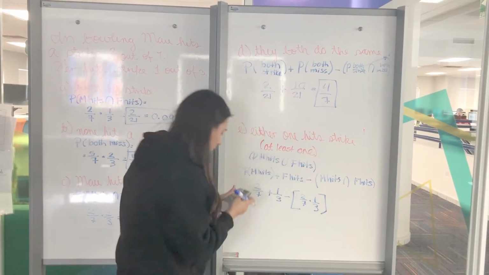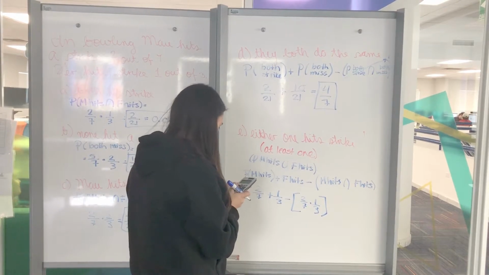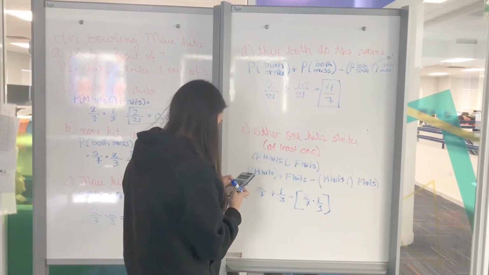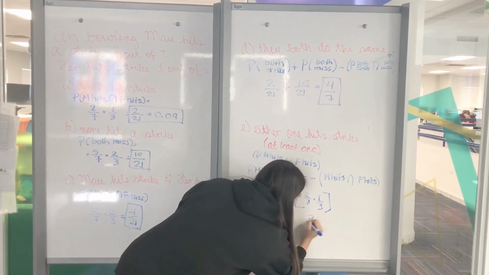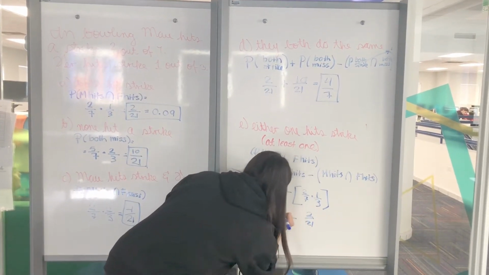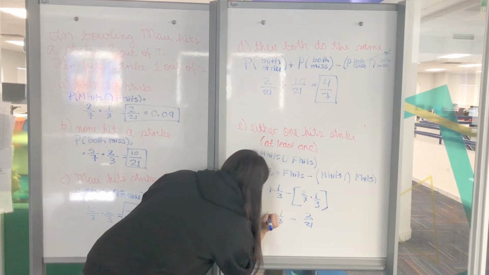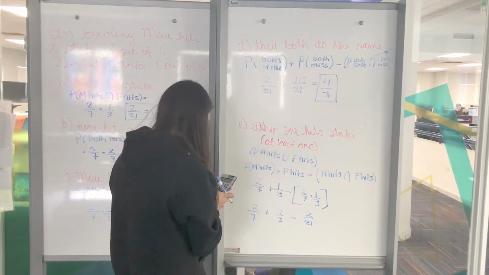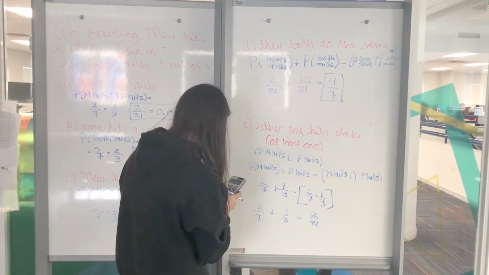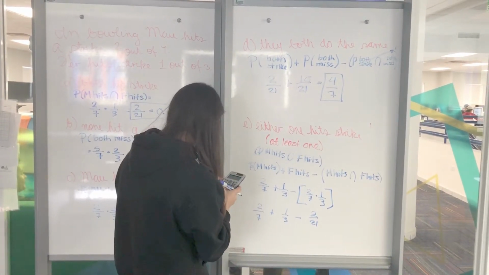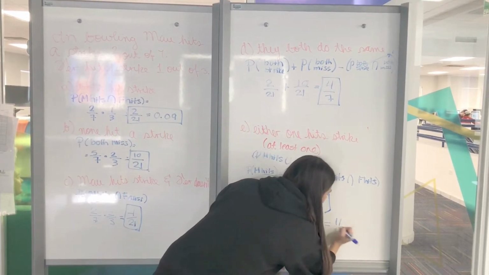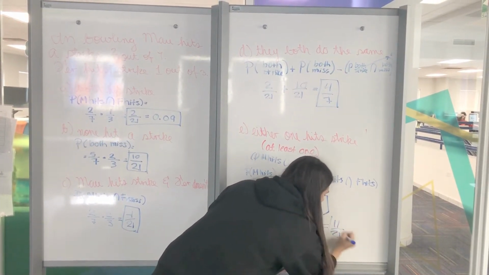Then close parentheses, and then you multiply the parentheses first, which is 2/21, and you add 2/7 plus 1/3 minus 2/21. And it gives you 11/21.